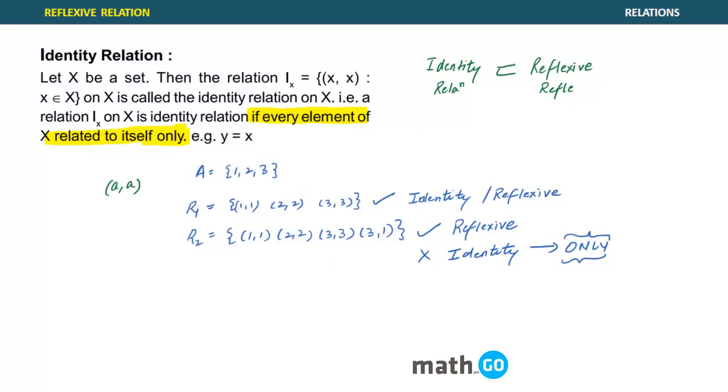So here 3 comma 1 is the odd man out. If I talk about the identity, this should not be there. Otherwise this is reflexive. So every identity relation is a reflexive relation and not vice versa. You can remember that every identity relation is a reflexive relation because it's a subset of it, a particular case of reflexive relation.